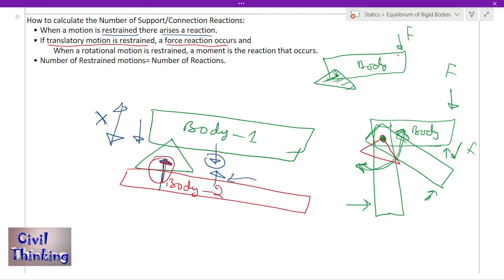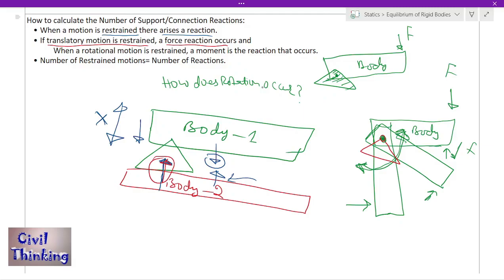Again here, the force F has a tendency to rotate this body at this point, but there is no pin at this point. What is going to happen? Now let me first tell you how rotation occurs.